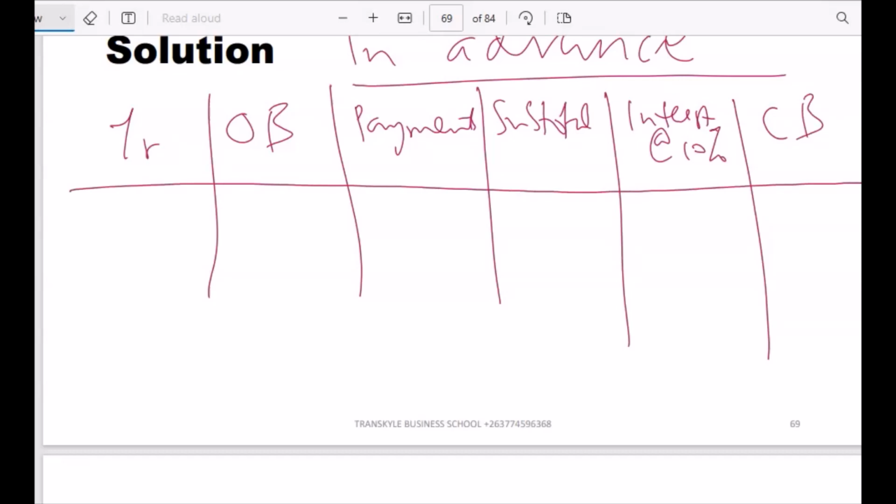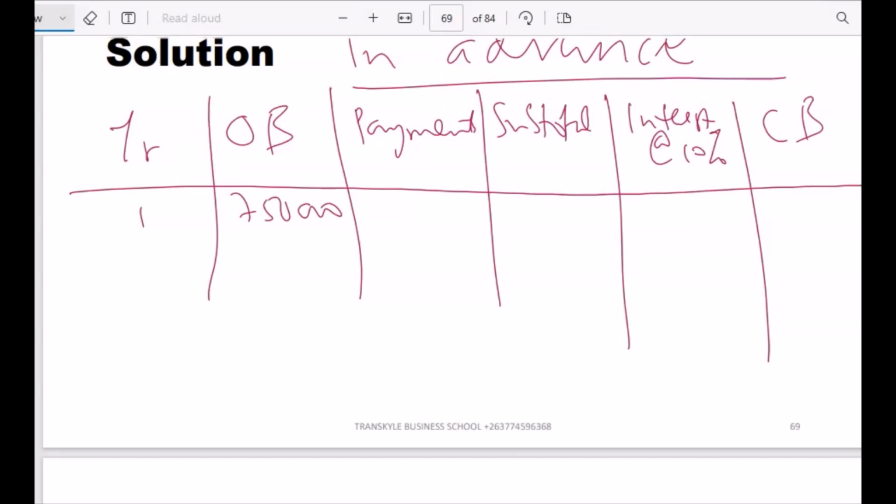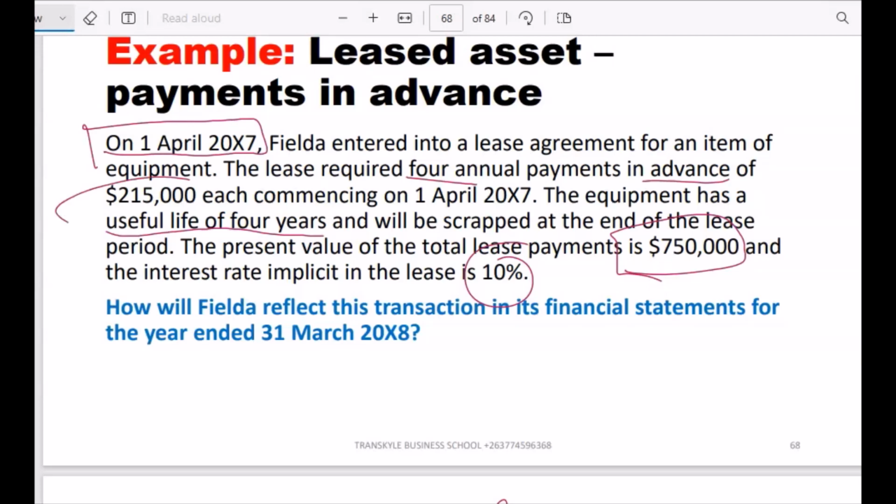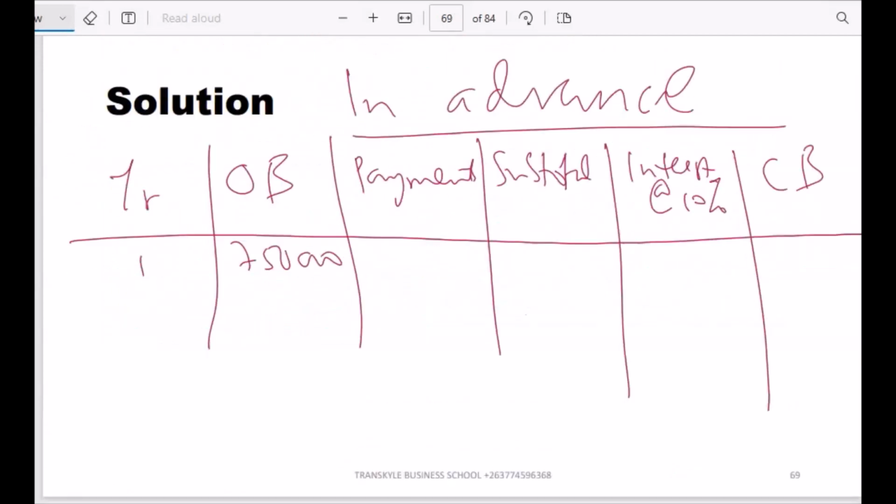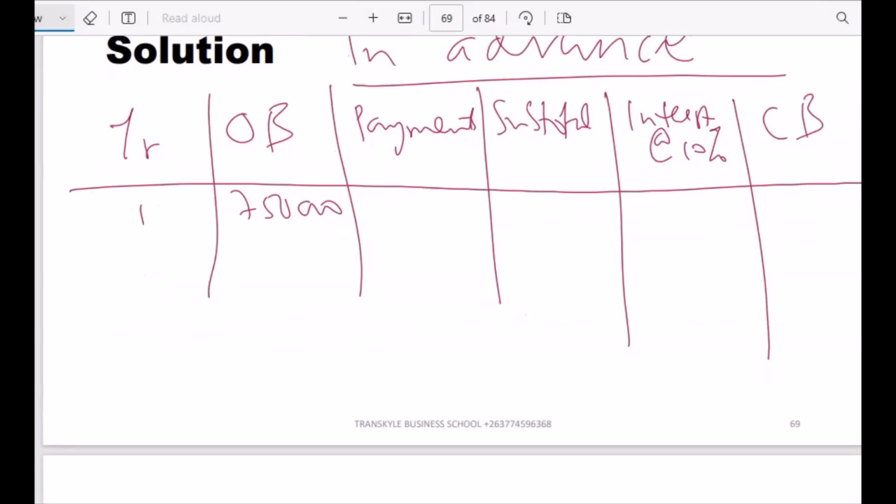Okay, now in year 1, the opening balance is 750,000. Okay, and then we make payments of how much from the question. The payments are 215. These are the payments which are made as fixed payments. These ones, they do not change, they're just constant.